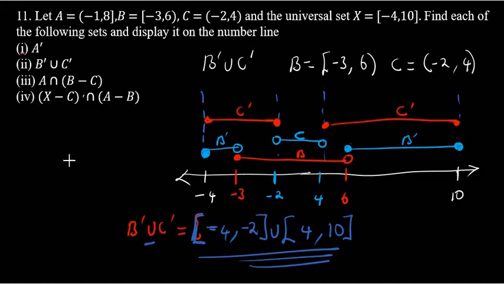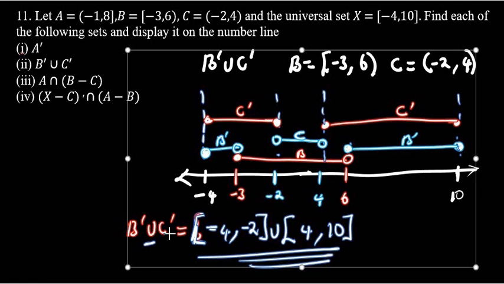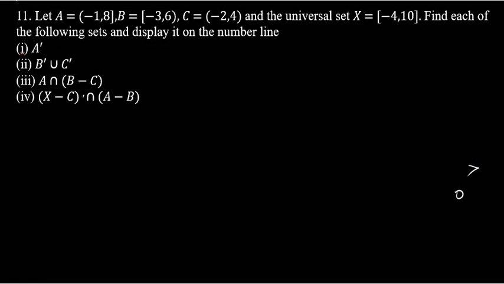Let's also solve the other one. Now let's look at this one. A intersection B minus C.